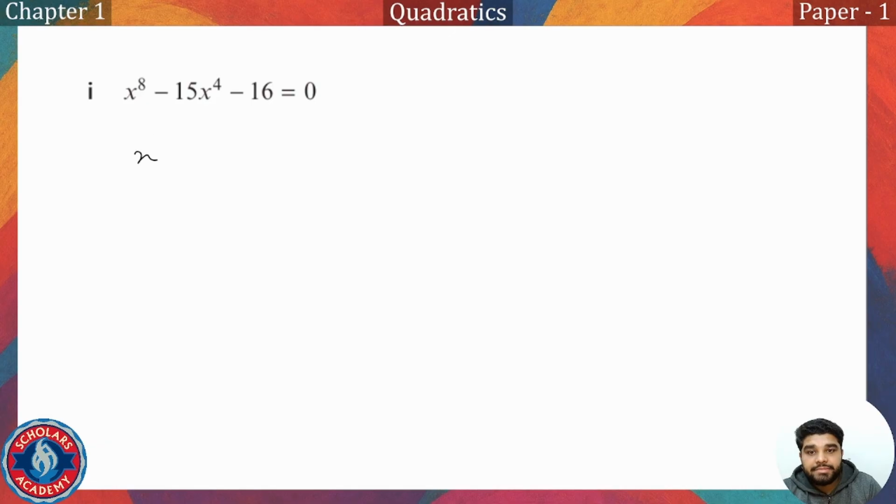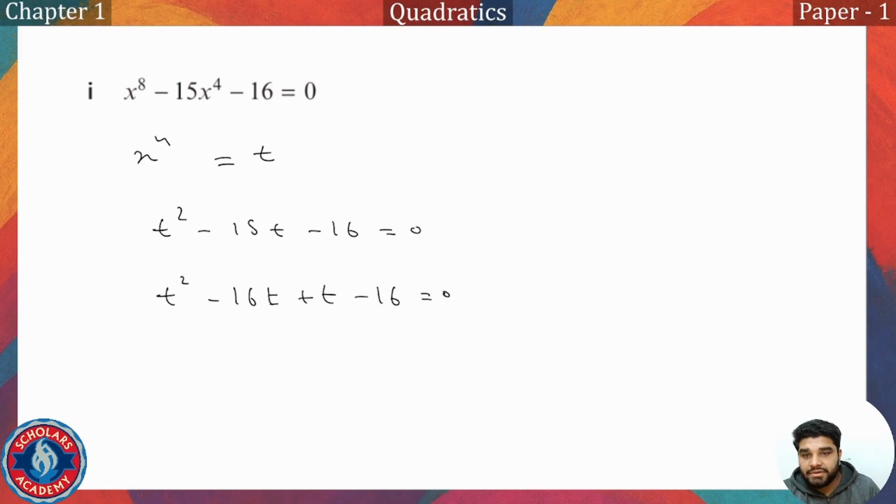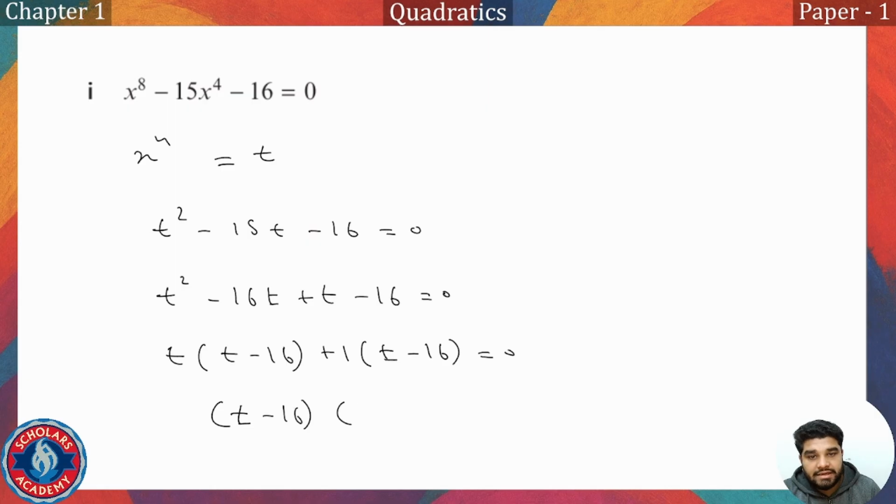We'll take x raised to power 4 as t. So if we substitute it, we get t square minus 15t minus 16 is equal to 0. So product over here is t square minus 16t and plus t and minus 16 is equal to 0. So we take t common, t minus 16 and plus 1, t minus 16 is equal to 0. So t minus 16 and t plus 1 is equal to 0.